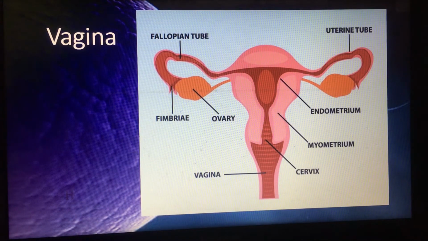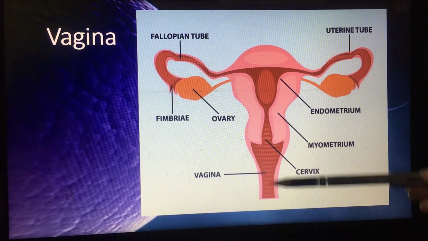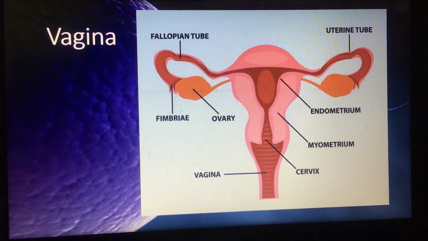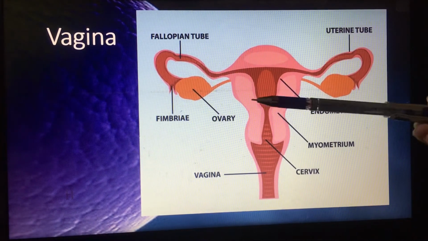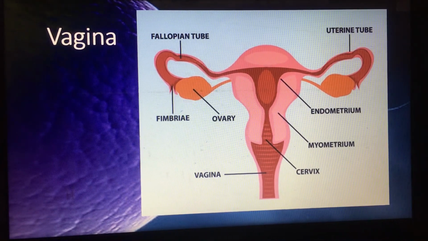So when the penis fits into the woman, that happens in the vagina, and that is where the sperm are left when they leave the penis.